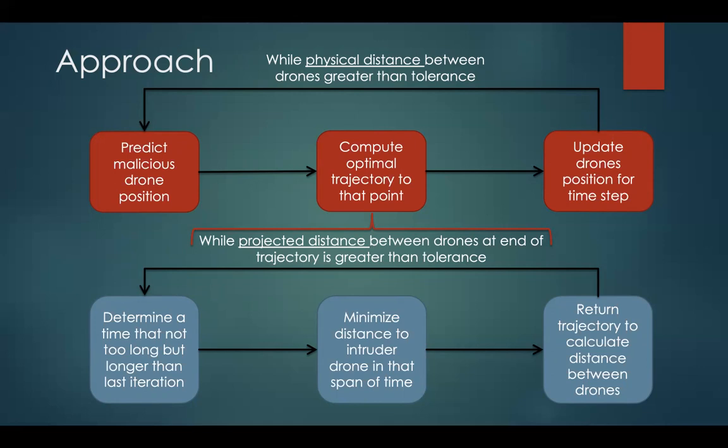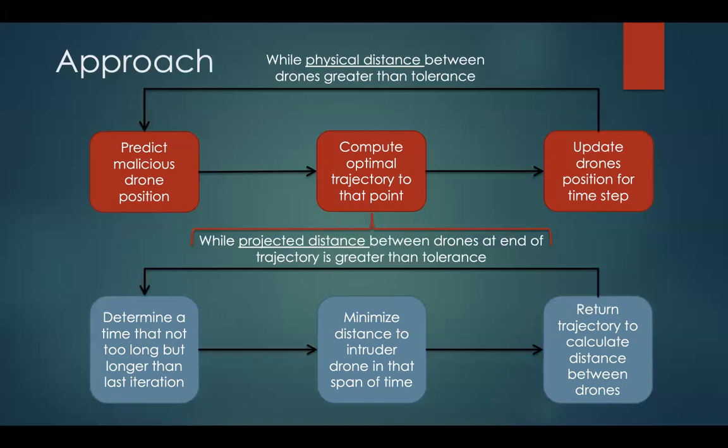What we needed to do in order to ensure that we had a unique solution is use what's called a decreasing horizon approach. So we said, okay, let's give you some time that's not too long, meaning we can still have a unique solution, but it's longer than the last iteration. Within that amount of time, minimize the distance to the intruder drone, and then return the trajectory so that we can calculate how far we are.